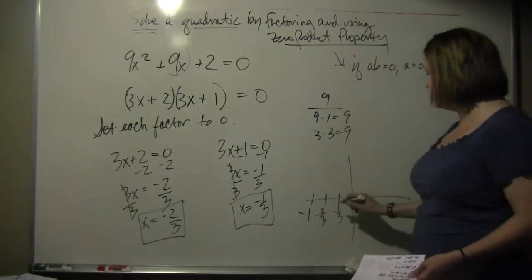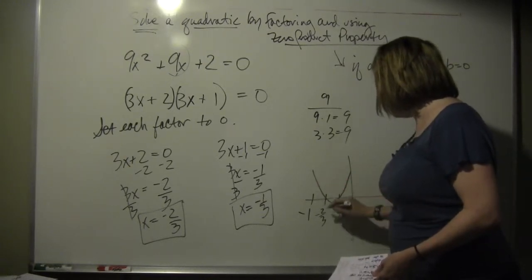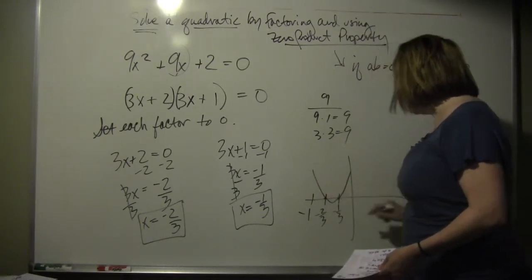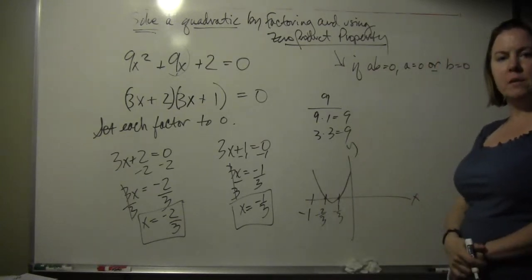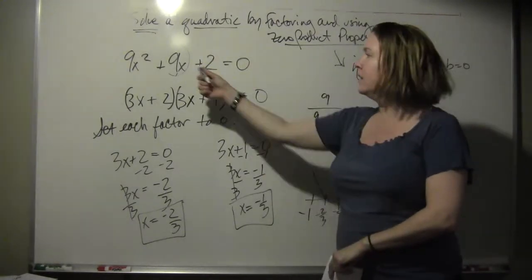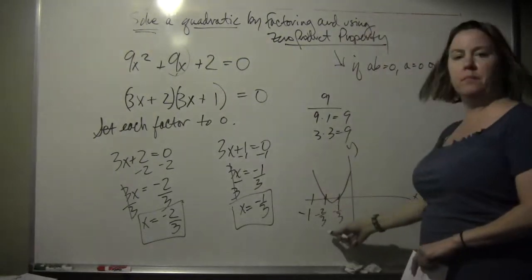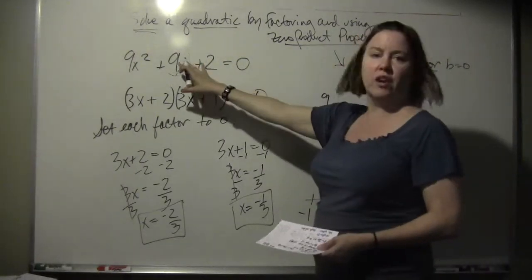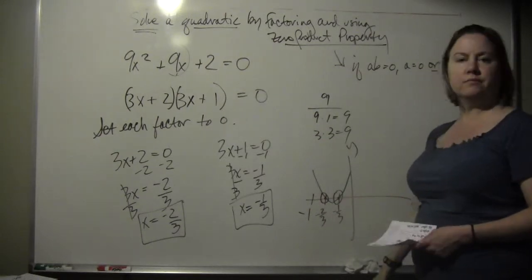What that means is that is where the parabola is going to cross that x-axis. Okay? All right, if you have a graphing calculator, plug this into your calculator and you will see what I mean. When you solve for a quadratic, you're solving for the x-intercepts.